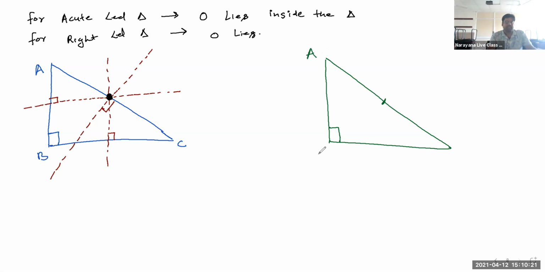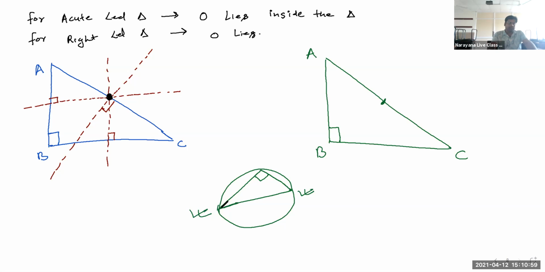So let's take this vertex A, this vertex B, and this vertex C. If you draw a circle taking AC as diameter, we have already studied that the angle formed in a semicircle is 90 degrees. Everybody has studied this property. Angle in a semicircle is 90 degrees.